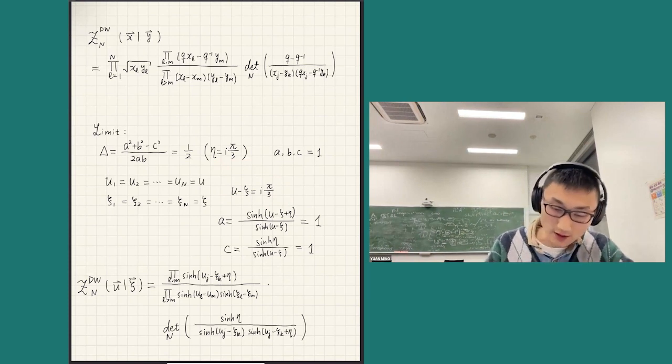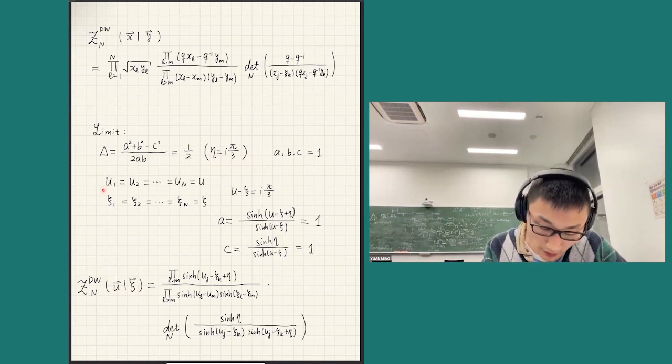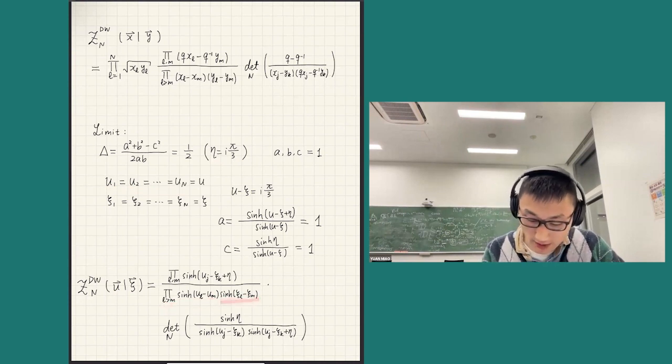However, first of all, you can rewrite this partition function in our familiar variables u and xi. What you realize is that if you put all the u's together, they diverge here, or the x's together, they also diverge.